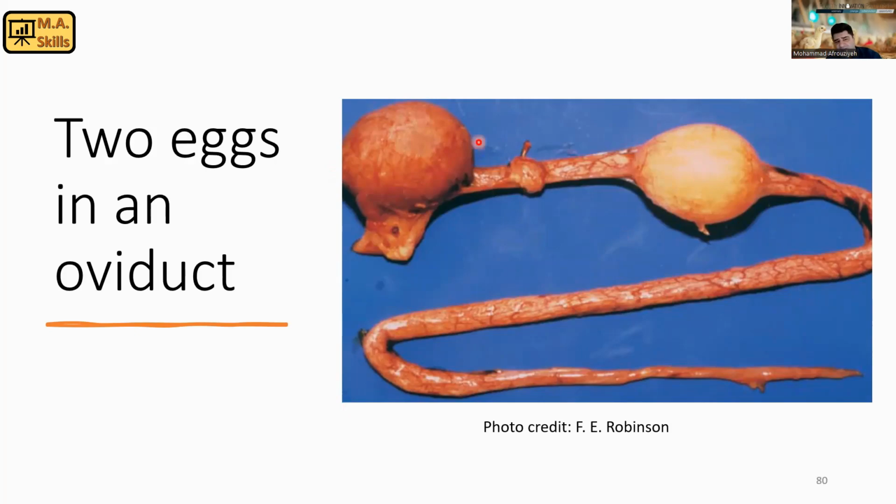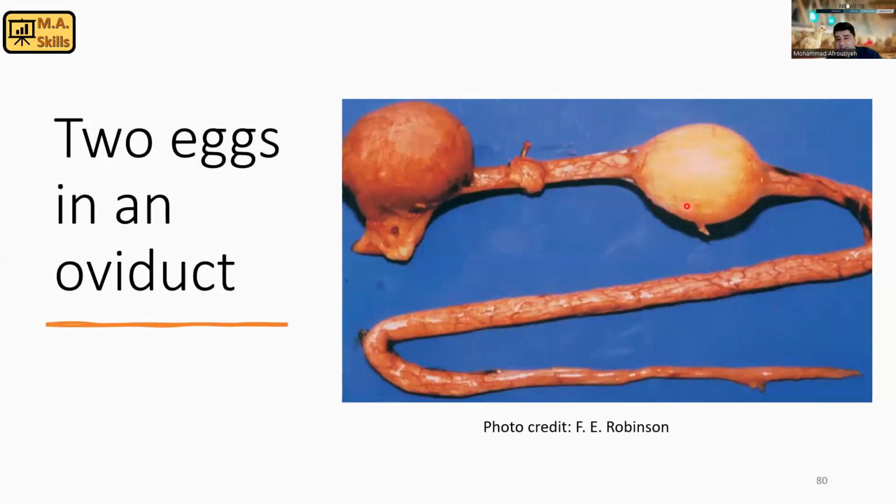And here, let's say it is in the shell gland, depositing the eggshell around the egg, and just a couple of hours after that ovulation, we had second ovulation. The second egg is traveling through the oviduct, and you can see the second egg here.